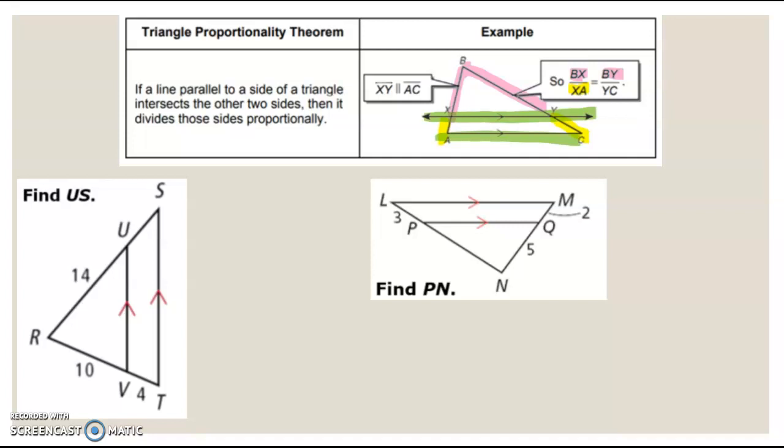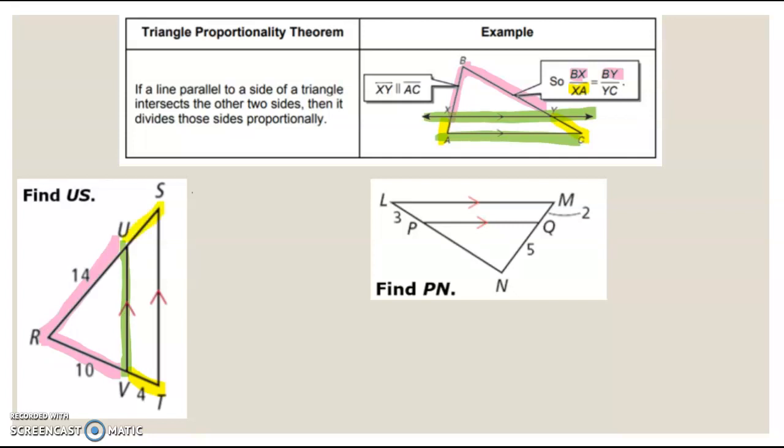Let's look at an example. If I look at this first picture with triangle SRT, I can see that line UV is parallel to the base ST, so that cuts my triangle into proportional parts. If I want to write that fraction, I know that RV over VT will equal RU over US.